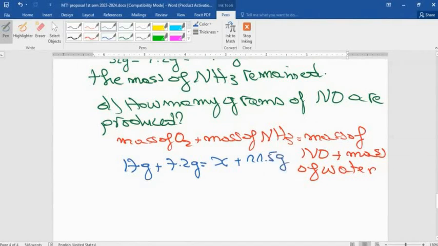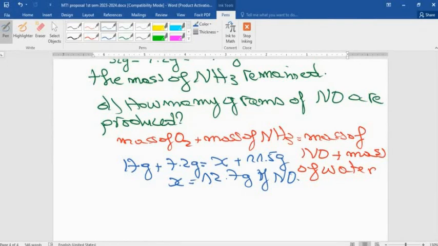I have already done it before, and from this I make my conclusion that the oxygen gas is the limiting reactant. So 17 plus 7.2 minus 11.5 will give me 12.7 grams, and X is, by a simple mathematical equation, 12.7 grams of nitrogen monoxide.